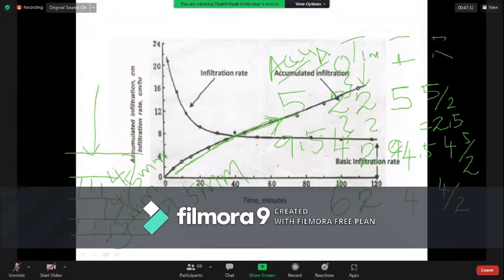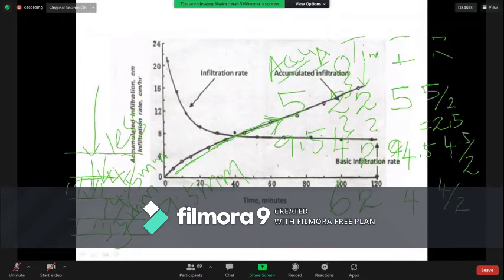So what will happen to the infiltration rate? Initially, there is more space in the soil, so water can easily move inside. After some time, most of these pores are filled, so the movement of water becomes less. Why? These pores are almost finished.